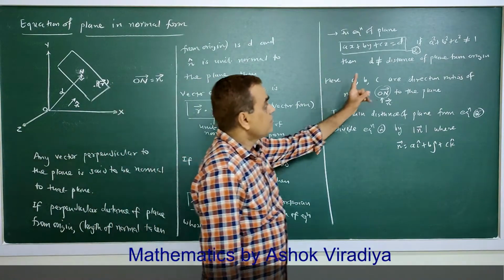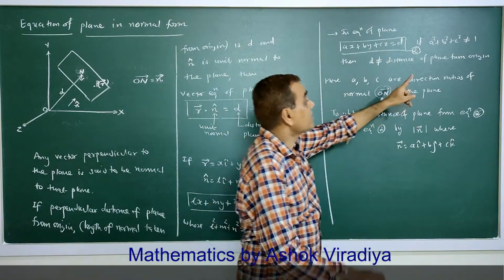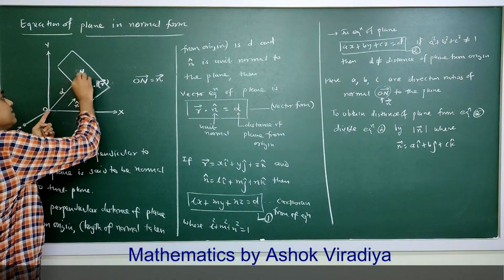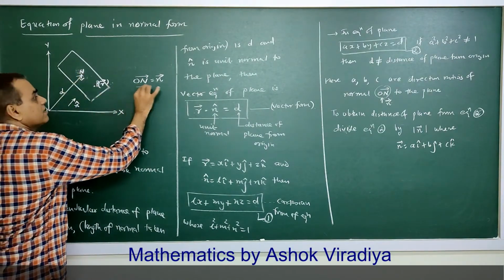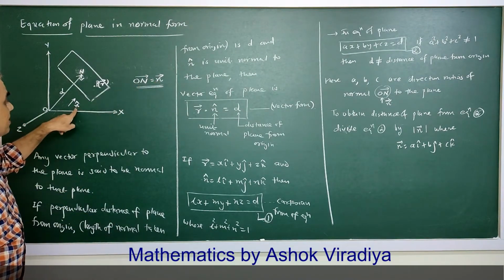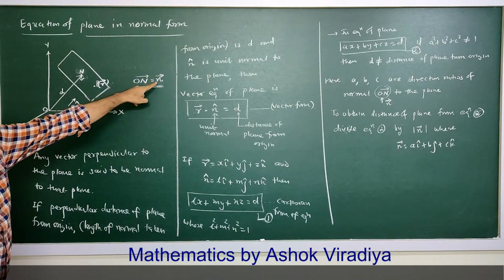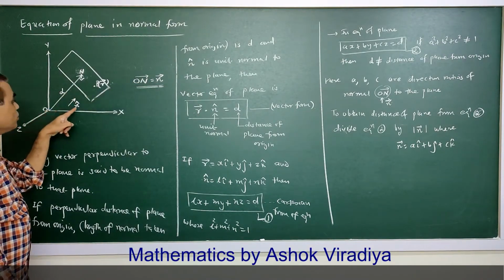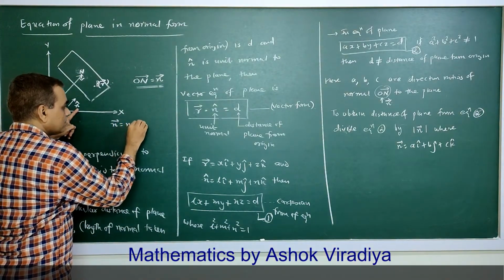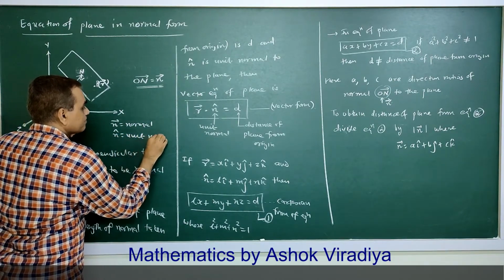Here the sum of squares is not 1, so the coefficients are not direction cosines, they are direction ratios of this vector n. So the difference between vector n, the normal, and the unit normal: this is simply the normal, and this is the unit normal in this discussion.